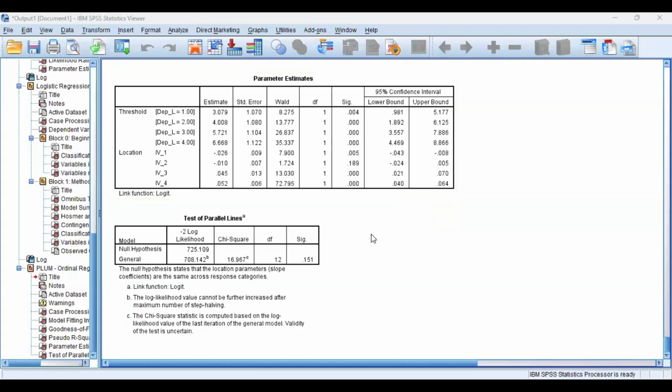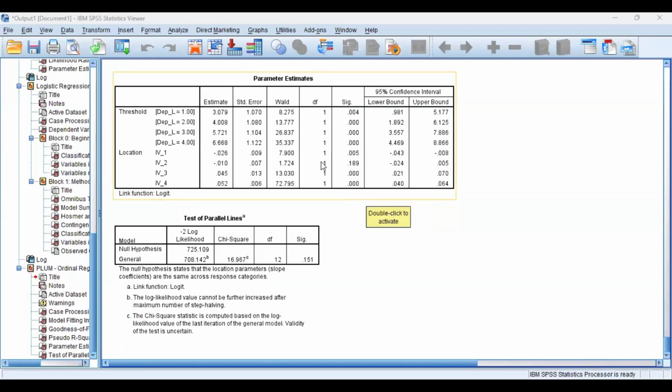But if you want to run the multinomial logistic regression, we can just do it for the significant variables here. For example, if it's your IV1, IV3, and IV4, you can just exclude, for example, IV2 if you like, for running multinomial logistic regression.